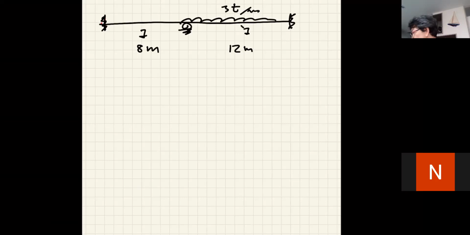In moment distribution, we begin with step number 1, and there is not even a need to identify the degree of freedom. You can just start right away, because after all, moment distribution is just a mathematical solution for slope deflection. Step number 1: relative stiffness is what I need.